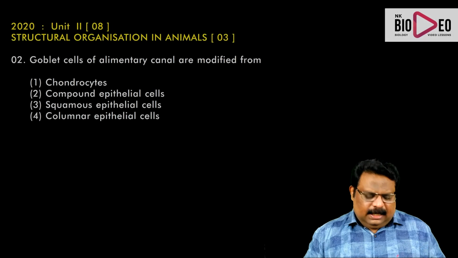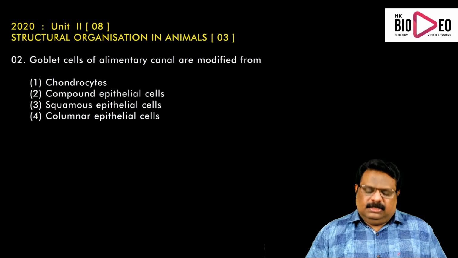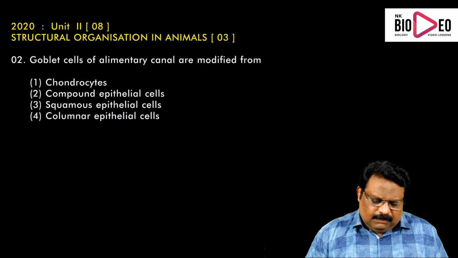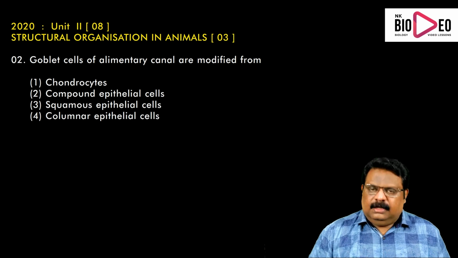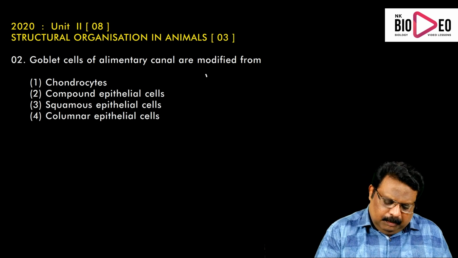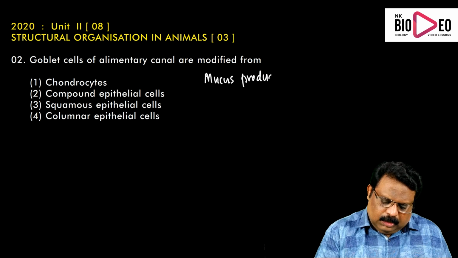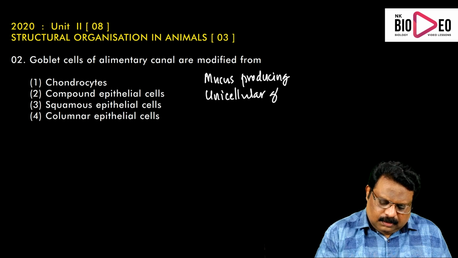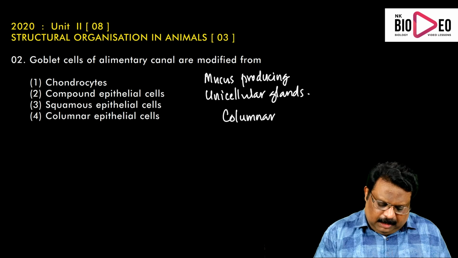Okay. Now this is the second question from structural organization in animals. The goblet cells of alimentary canal are modified. Goblet cells are mucus producing unicellular glands. They are modified columnar epithelium.